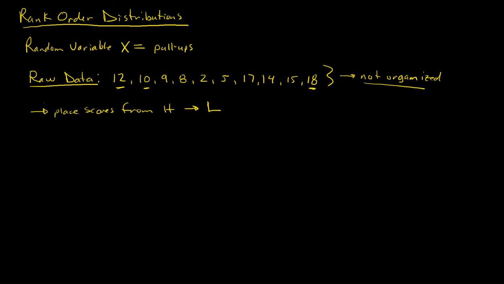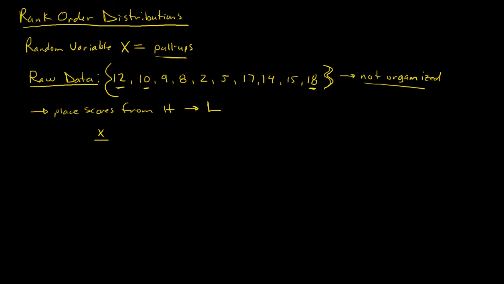So let's just kind of place this now in this kind of form. So we're going to take this distribution here, and we're going to place it in a rank order distribution. So remember, x is our random variable, which is the number of pull-ups, and we're going to place it in rank order.